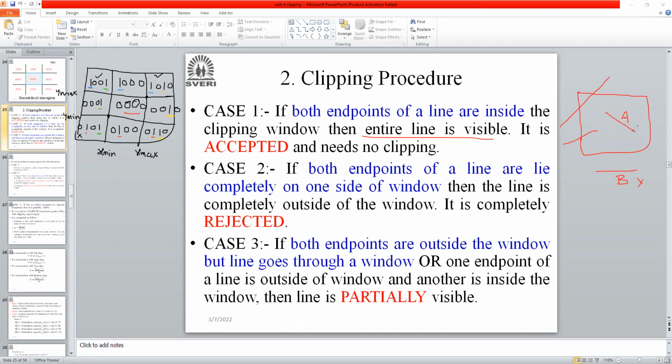If it is completely inside, then we are going to accept that line and then we will stop. If it is completely outside, then we will reject that line and then we will stop.